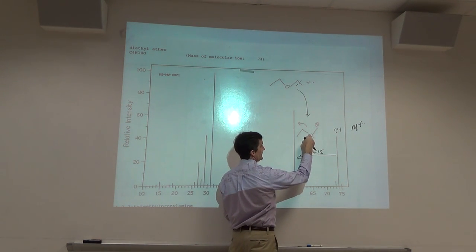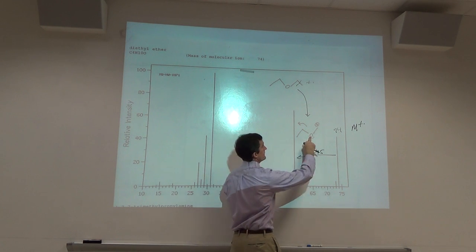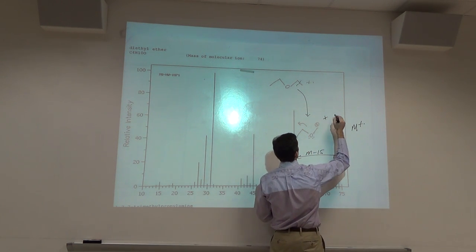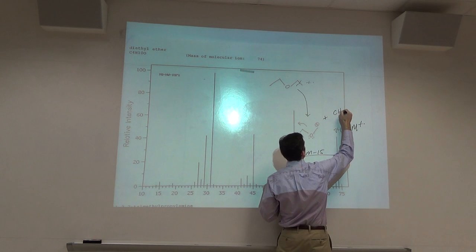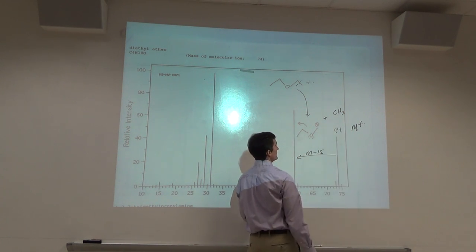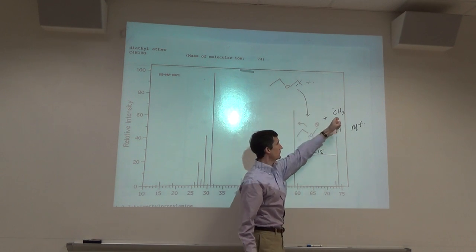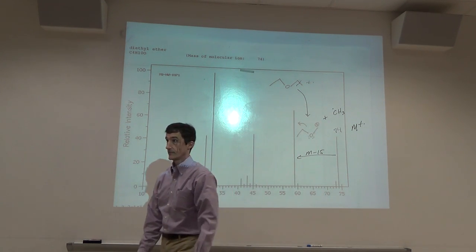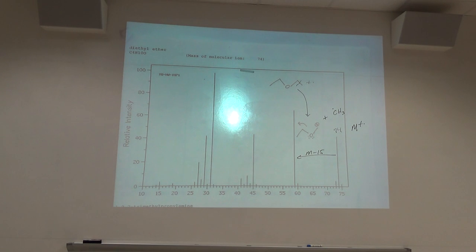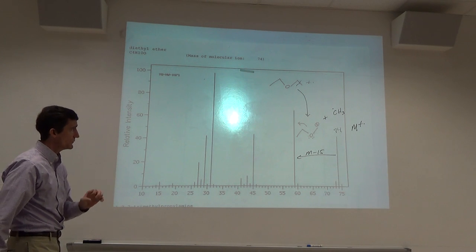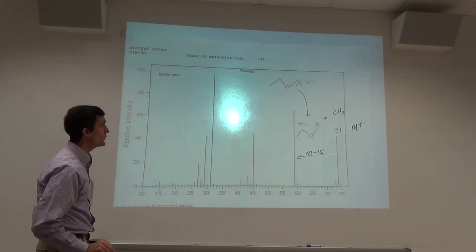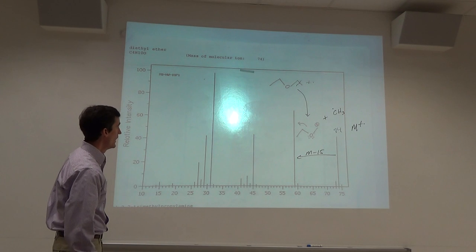Well, if you add this up, this is 59. Plus what else is formed here? The CH3. What's that species going to be? A radical, because a radical cation cleaves to give a radical and a cation. We'll just keep it as simple as that. We're not going to look at mechanism for how it cleaved. The textbook may actually do that. We're not actually going to move arrows and show the mechanism for the cleavage.